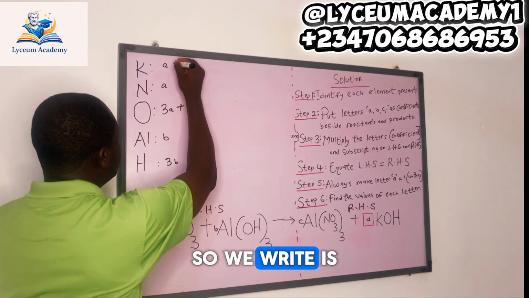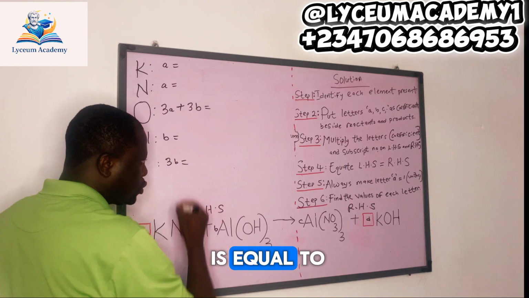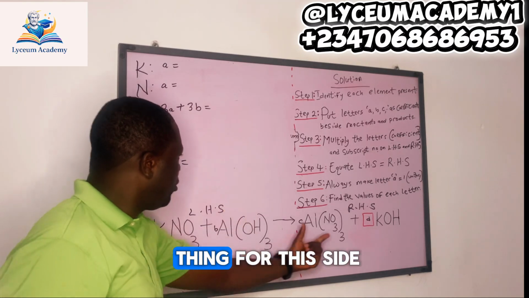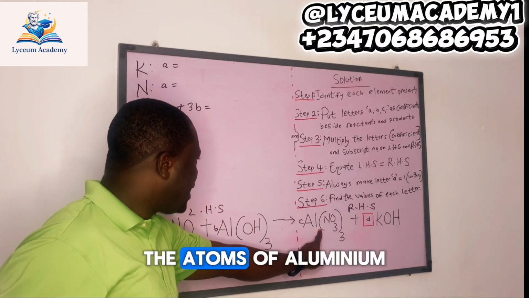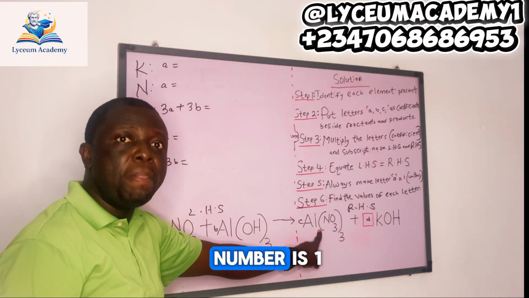Now, this arrow should be interpreted as an equality sign. So we write is equal to here, and here, and here. We do the same thing for this side. The atoms of aluminium here is 1, that is the subscript number is 1.